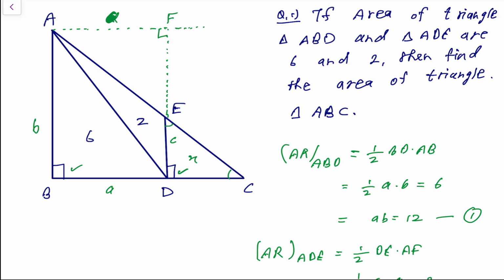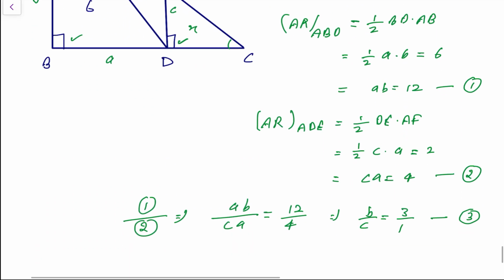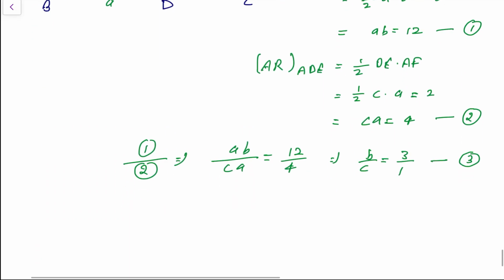So angle E will be equal to angle BAC, in fact angle A. That means triangle ABC and triangle EDC are both similar triangles.